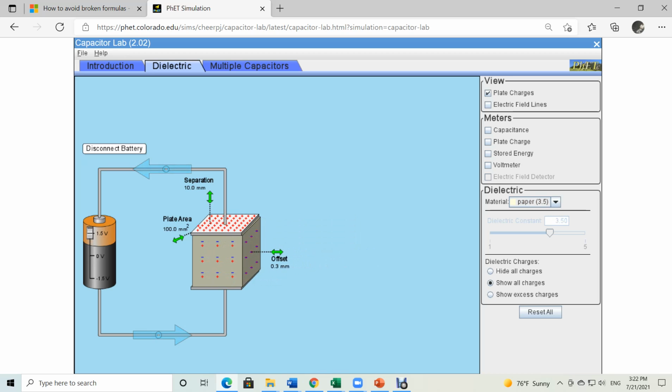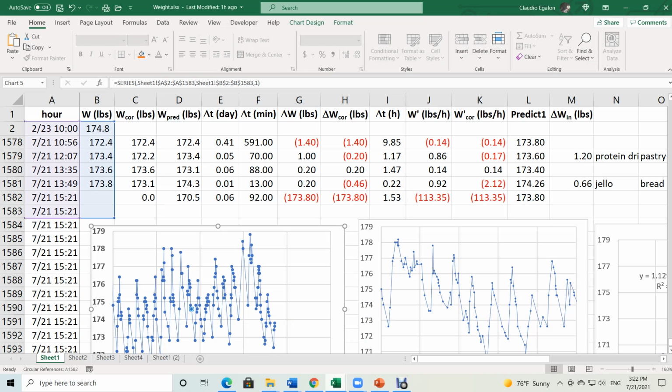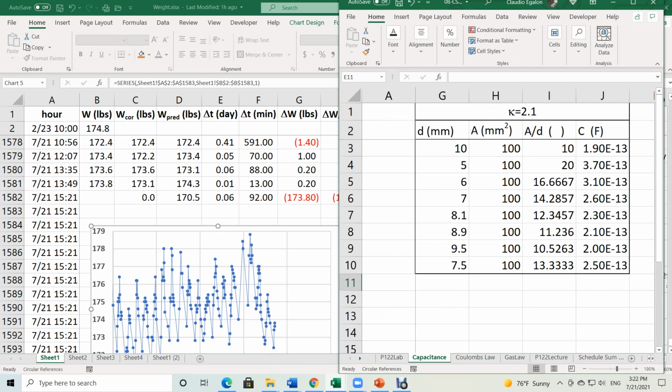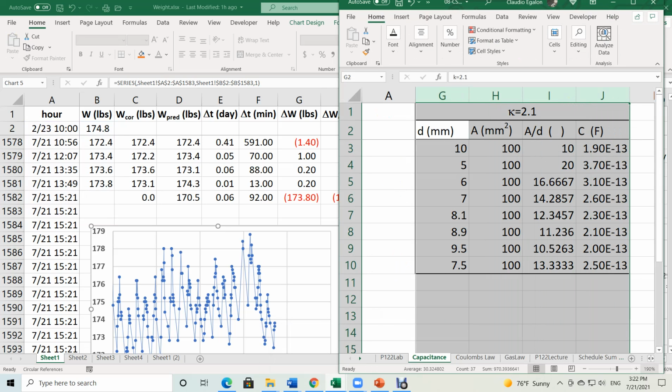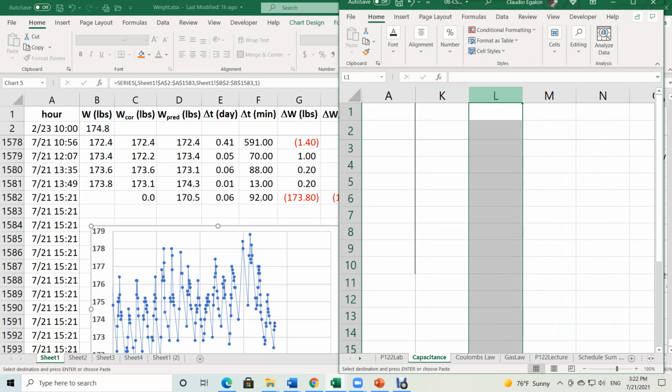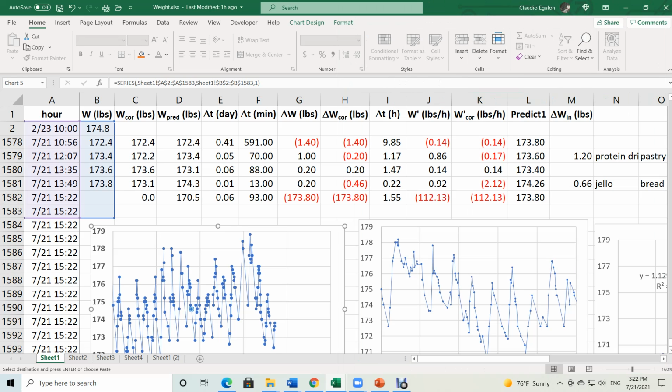Here you go, paper block. Make sure this is nicely aligned here, right? We're going to repeat what we did before. Copy this guy, paste it right in here.